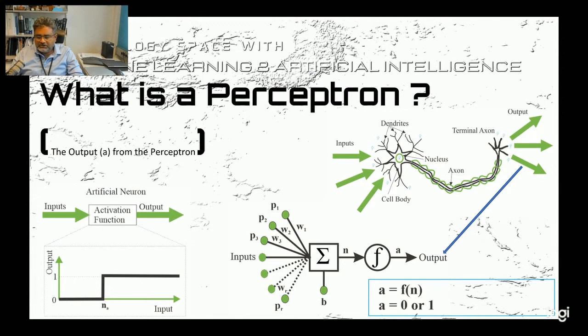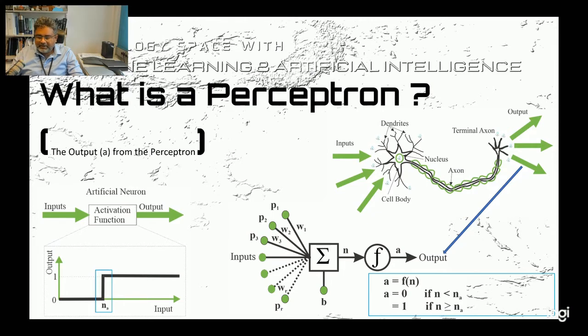Let's see how we can put such an output of this perceptron into a more mathematical framework. That is represented in the following equation. The input coming into the activation function, in this case N: if the N value is beyond a certain threshold value, which is NA, then this perceptron gets excited.